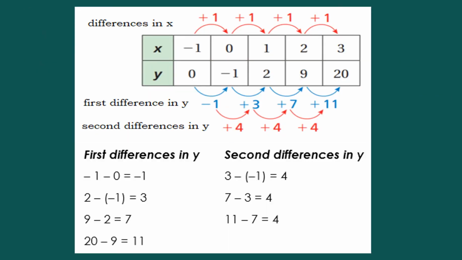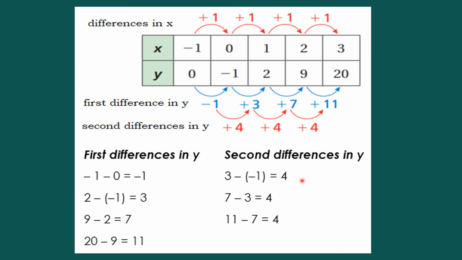Now, let us identify the second differences in y. 3 minus negative 1 is 4. 7 minus 3 is 4. 11 minus 7 is 4. What do you notice with the second differences?